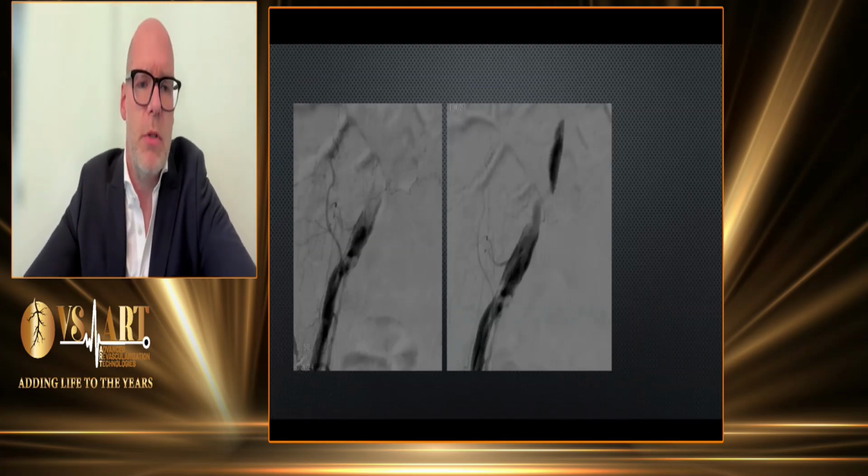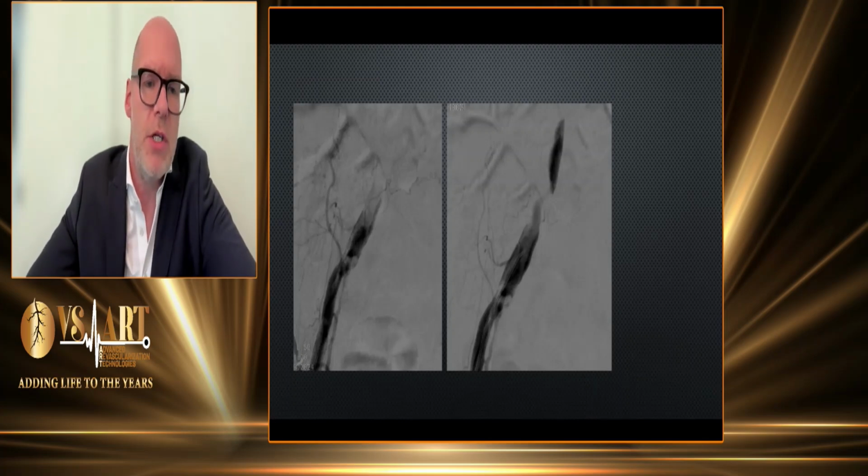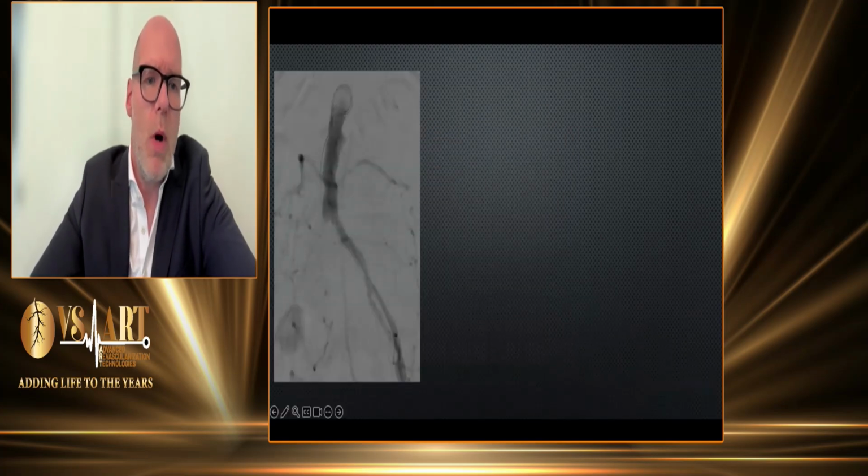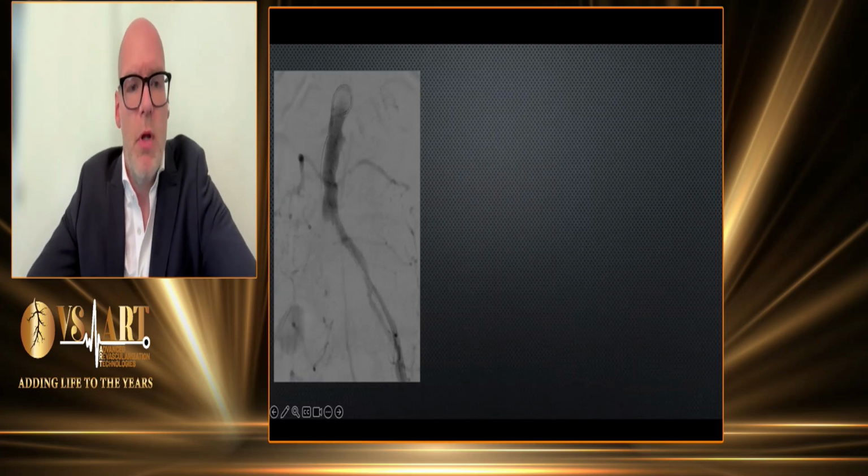But it was not possible to cross in the area of the bifurcation or the infrarenal aorta. And what we see here is that the small wire also crossed subintimal in the aorta, and it was not possible to cross that way.